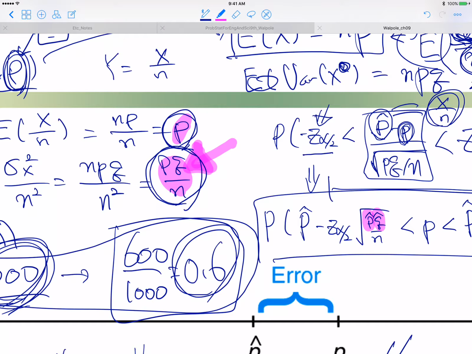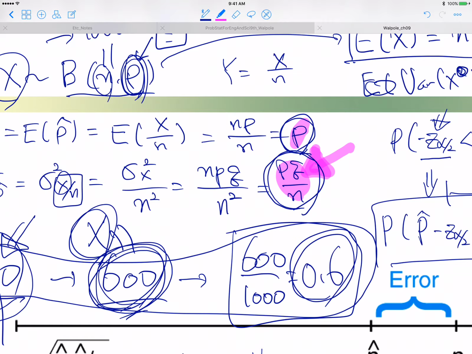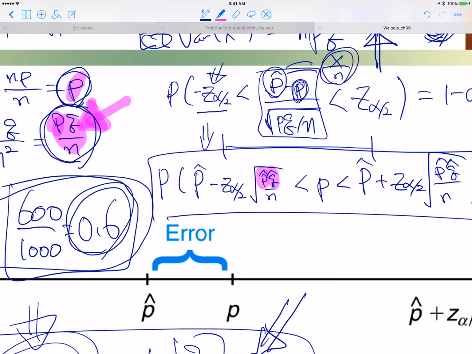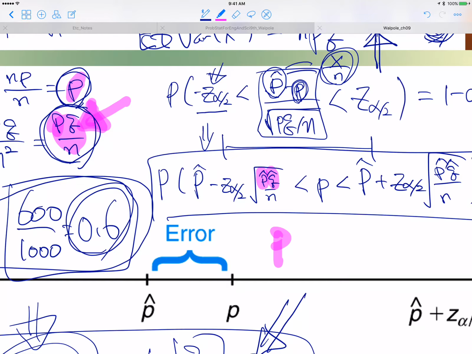But the p itself, which we wanted to estimate, is contained in the variance of our estimator. So we have to replace this true p, because we do not know its value, and we instead use our estimator p hat.